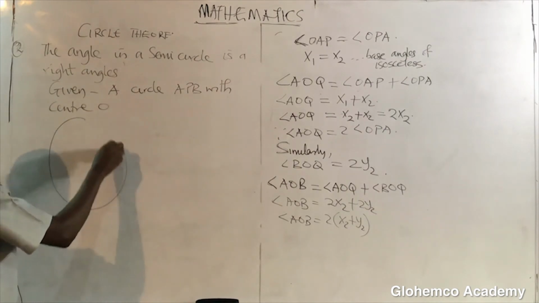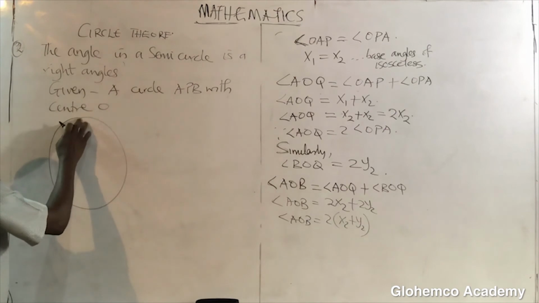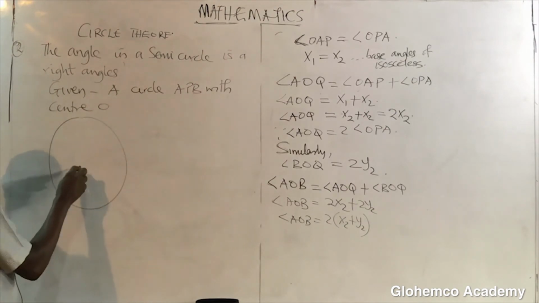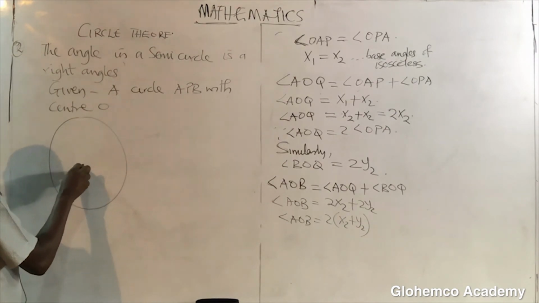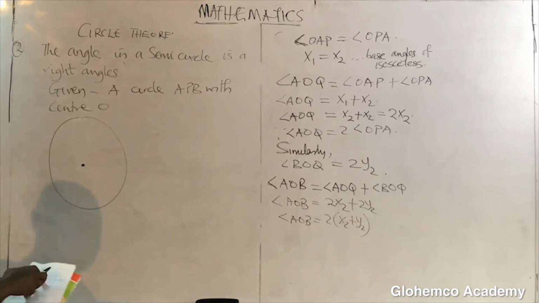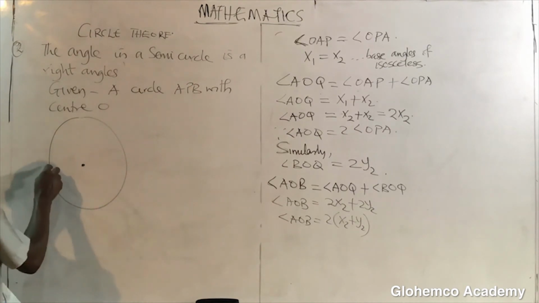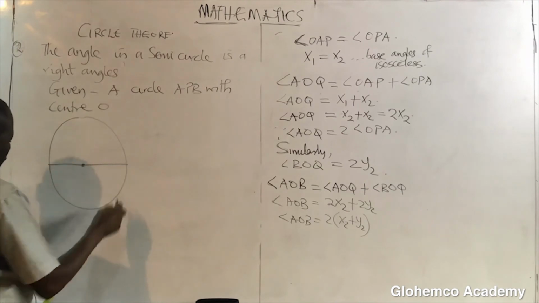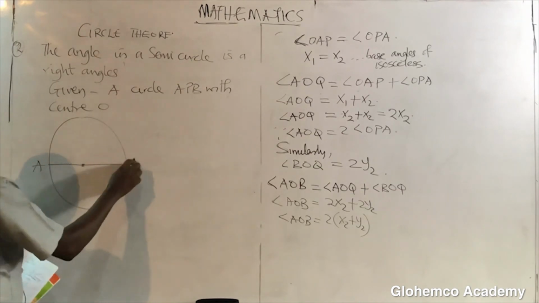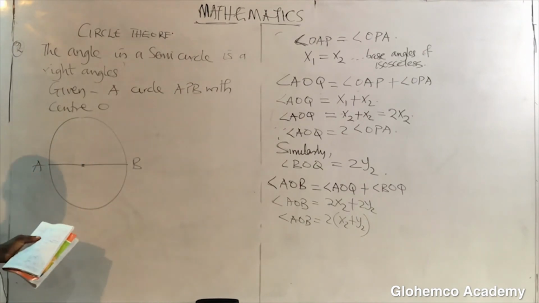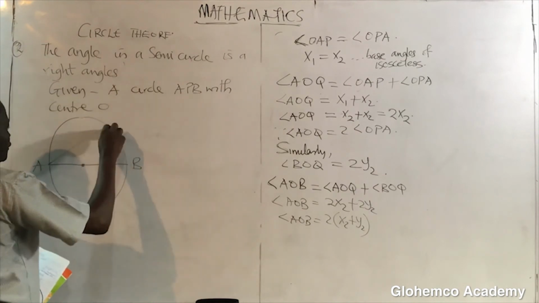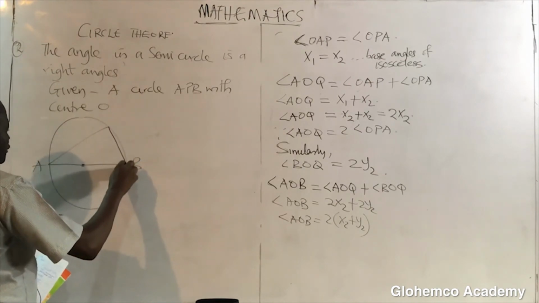This is another theorem. Now we have this. This is the center. Now we have AB. Then we have this. Come down like this.